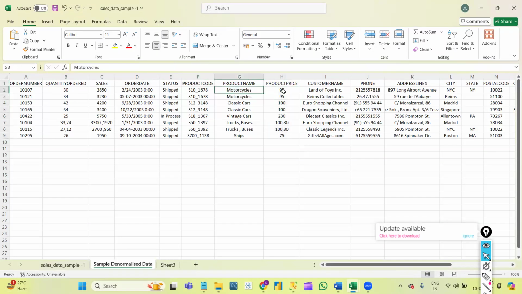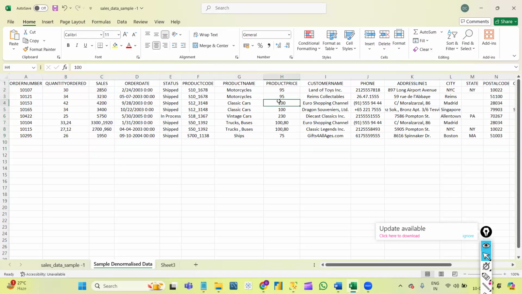This is completely sample data, so don't try to understand the concept literally. Suppose for motorcycles the price is 95 rupees and they ordered 30. Quantity ordered is 30, so 95 into 30, my total sales will be 2850. I hope you understood. This is the price for each product, and this is the number of quantity they ordered. So this is the sales I got.